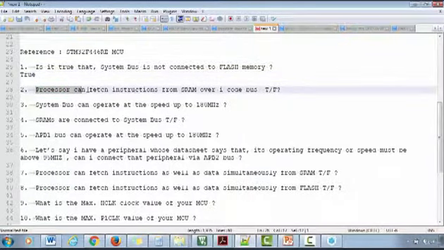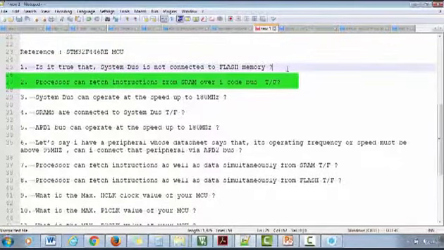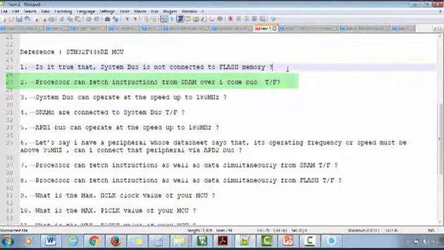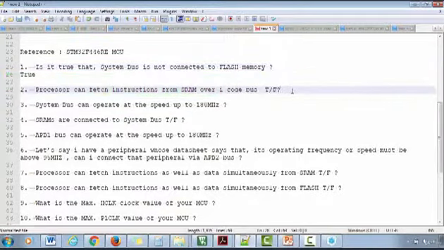Now the second question. Processor can fetch instructions from SRAM over the I code bus interface. True or false? What is your answer for this?